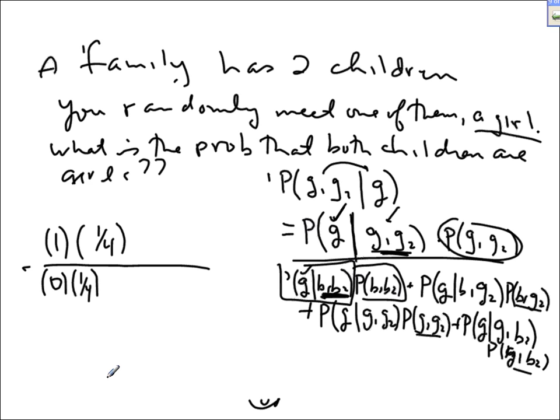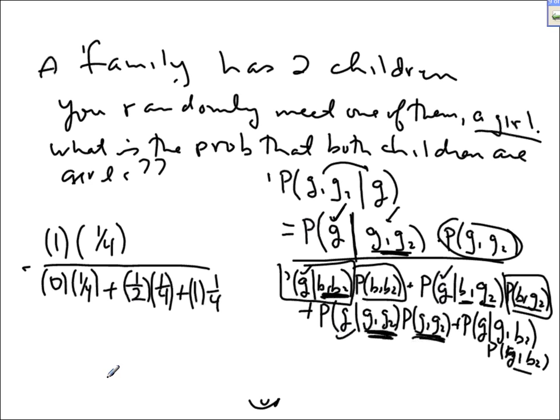Plus, you have one boy and one girl. What's the probability that you saw a girl? Half. The probability of having a boy first and then the girl second? Quarter. Plus, you have girl, girl. You have two girls. This family has two girls, and you see one of their children. What's the probability it's a girl? 1. What else are you going to see? Probability of girl, girl is a quarter.